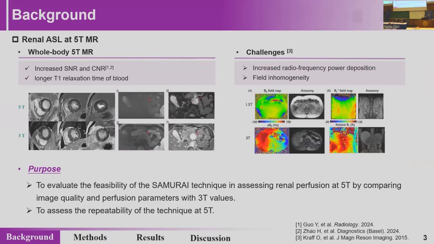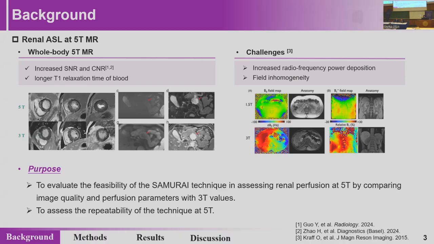Recently, the whole body 5T MR can provide increased SNR and CNR, and the longer T1 relaxation time of blood may benefit ASL imaging. But 5T MR may meet some challenges, including increased radio frequency power deposition and field inhomogeneity.